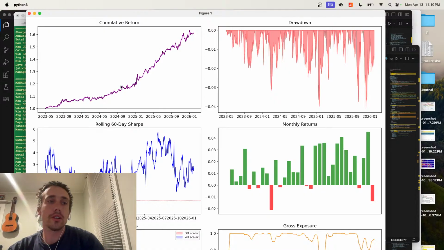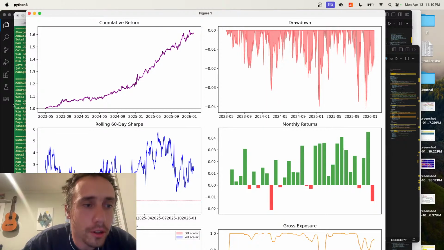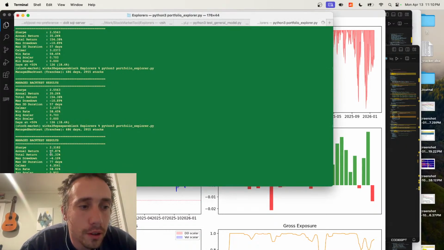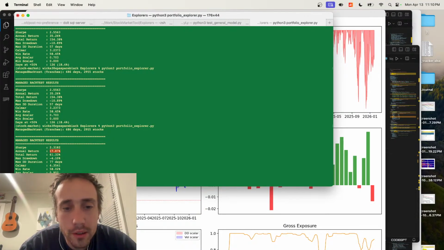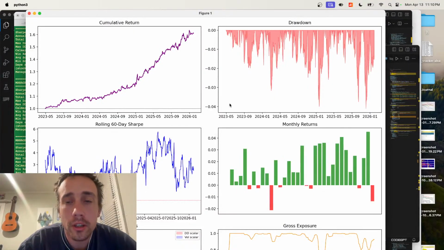So the return is a little bit lower. Now it's only 60% return. The last one was giving an average annual return of 35%. So I've basically halved the return, but it's also way more stable.